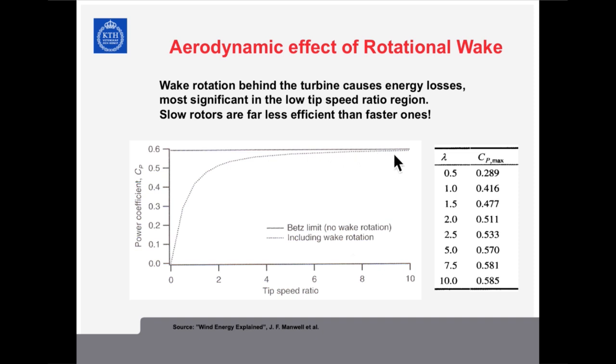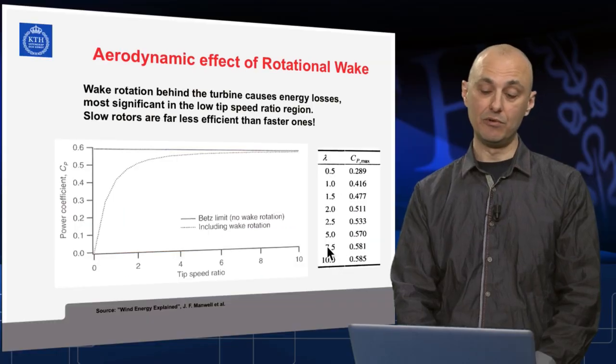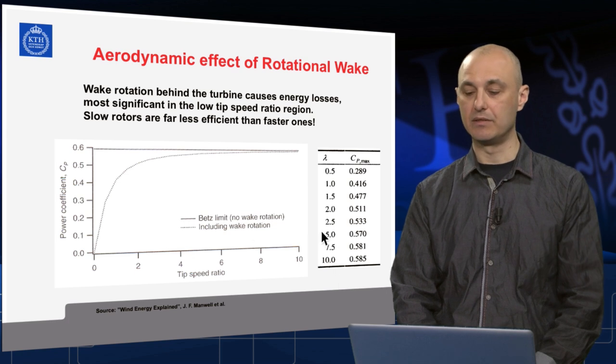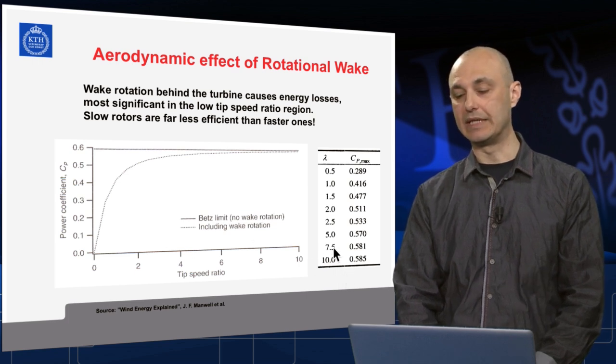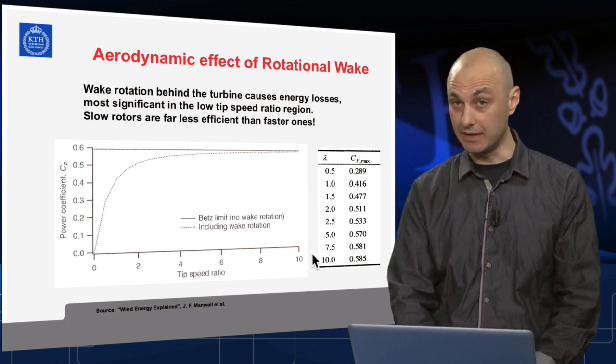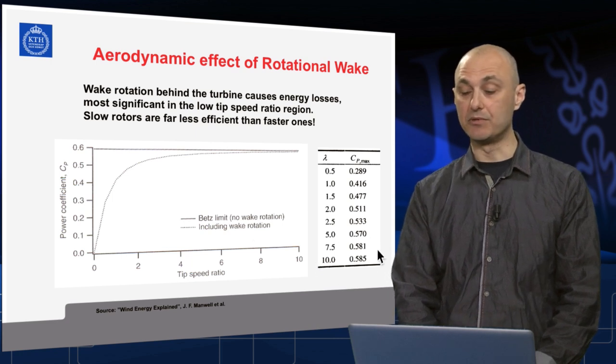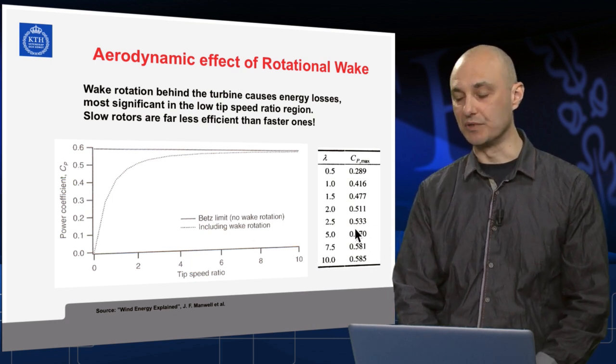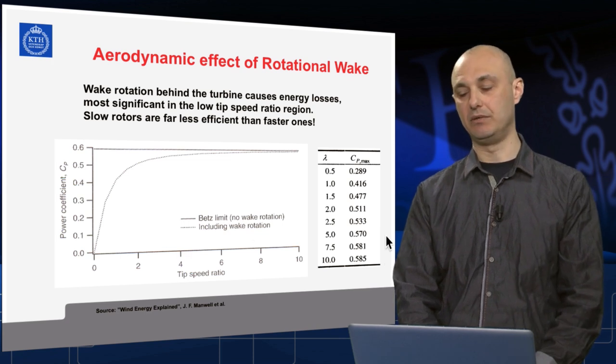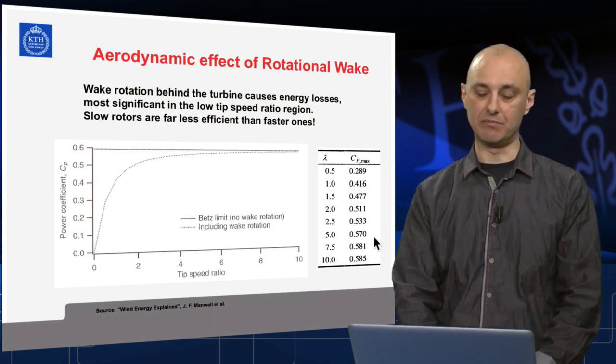At very low tip speed ratios, that would be slow-moving rotors, the maximum possible power coefficient, when we take into account the rotational wake, is far below the Betz limit. While fast-moving, speedy rotors at tip speed ratios close to 10 would be able to approach almost the actual Betz limit for the best possible performance.